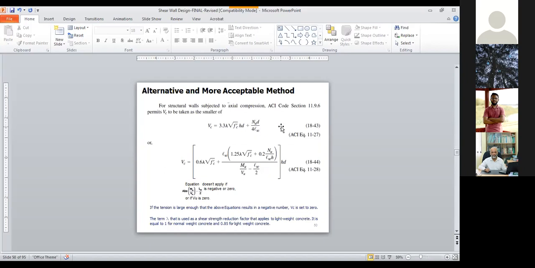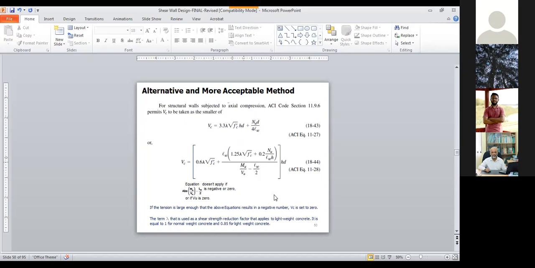And if we have axial compression, of course, it will help to increase the shear capacity of the section. And finally, you can use equation 18.4.3 or equation 18.4.4.